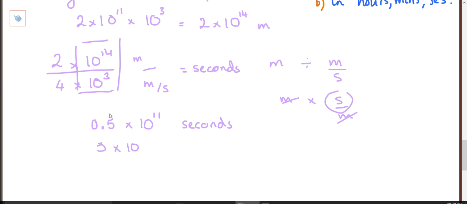Because 0.5 is the same as 5 times 10 to the minus 1. And then we've got the times 10 to the 11. So what do you do when you are multiplying with the powers? You add them, so you've got 5 times 10 to the power of 10. So yes, you were right. So that's your seconds.